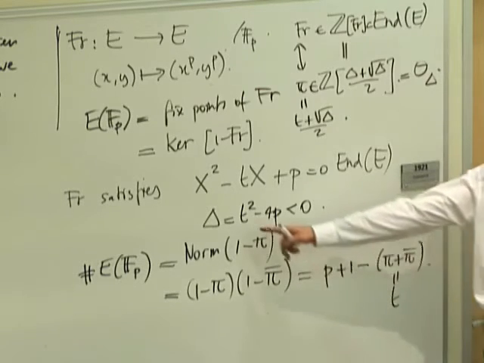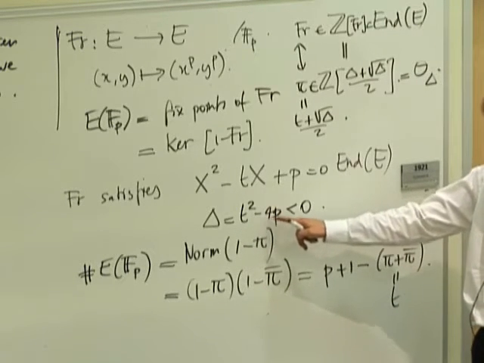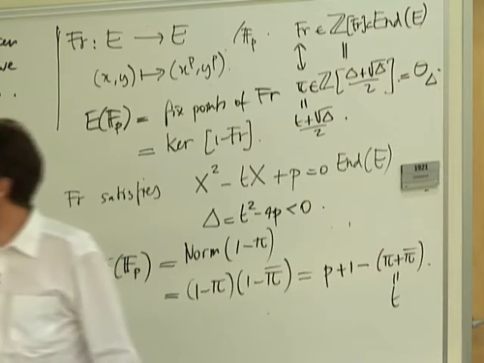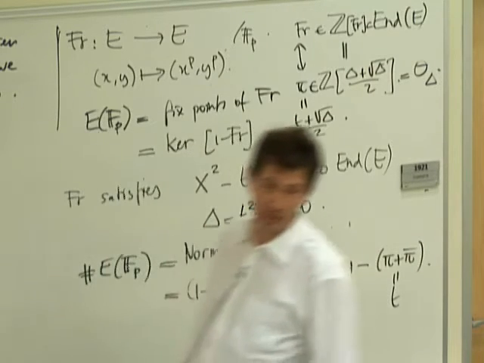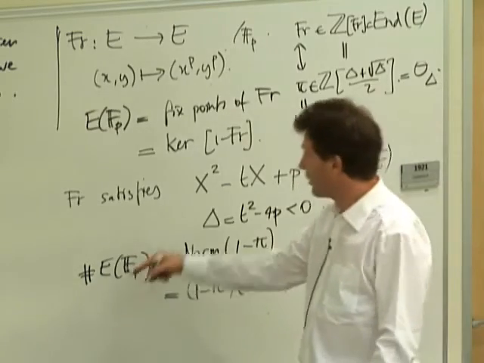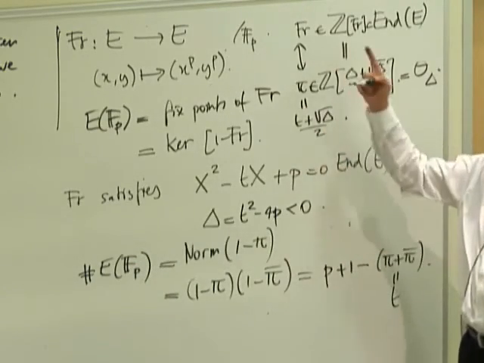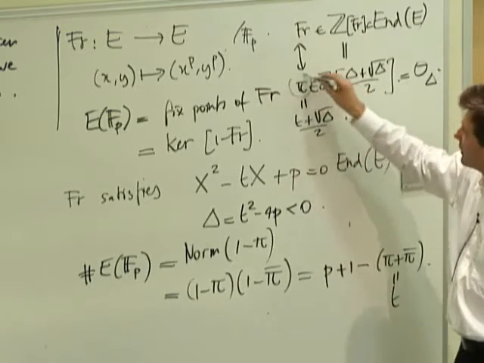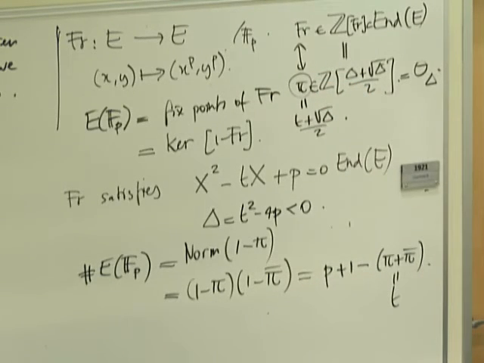And as you see, t squared is no more than 4p, so this deviation from p plus 1 is at most twice the square root of p, and that's exactly what you find in the Hasse bound for the elliptic curve. Okay, so point counting just amounts to analyzing what Frobenius does, and it's the same thing, so to speak, as computing the element pi in the endomorphism ring as an imaginary quadratic element.